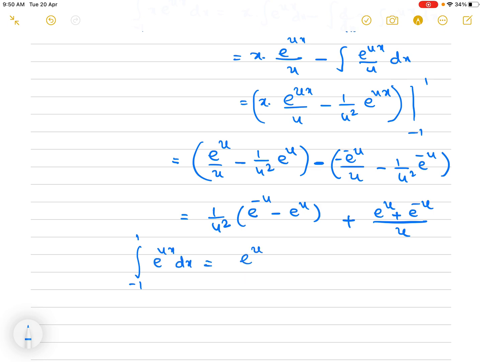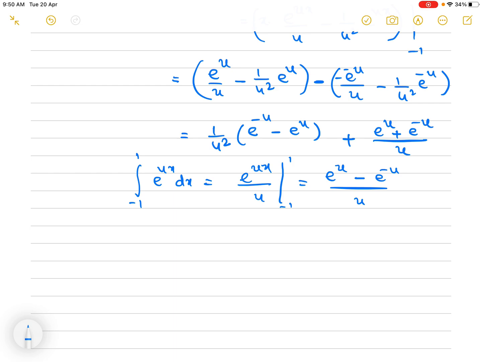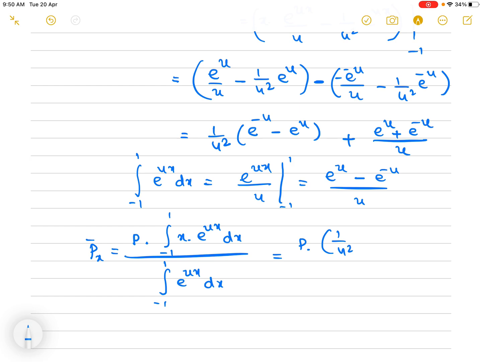So now we divide this. What was our average value of the x component? p times integral minus 1 to 1 x e power ux dx divided by integral minus 1 to 1 e power ux dx, which is p times 1 by u square e power minus u minus e power u plus e power u plus e power minus u by u, divided by e power u minus e power minus u by u.